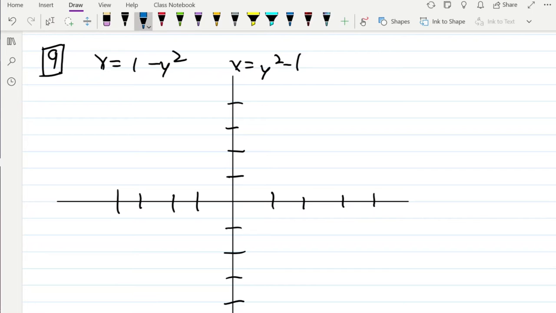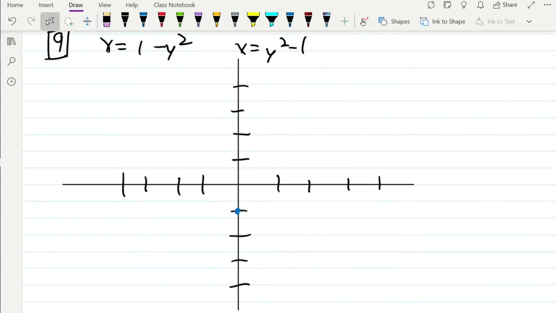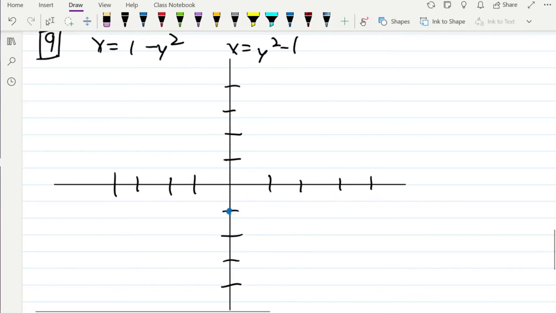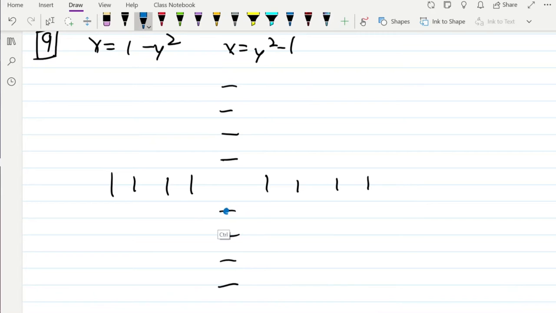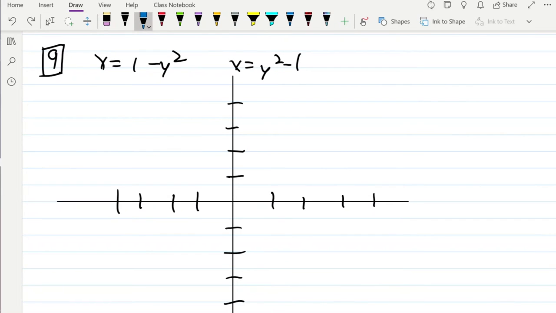So y squared minus 1, so when x equals 0, y is going to equal opposite 1. When y equals 0, x equals negative 1.